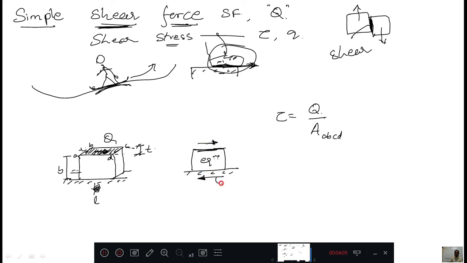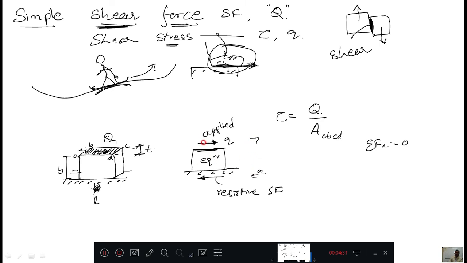This is the resistive shear force, and this is the applied shear force. By this diagram, the sum of forces in x equals 0, because this Q is going this side and this Q is going this side, so the sum is 0.